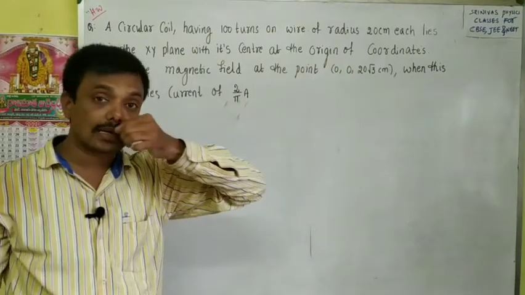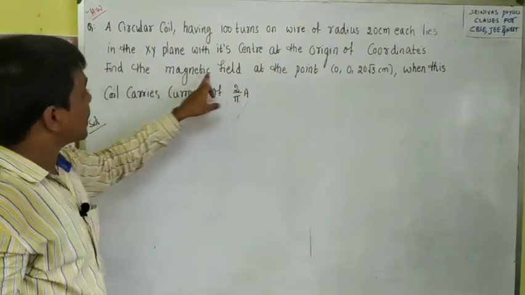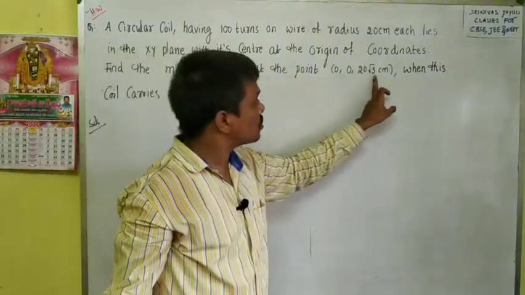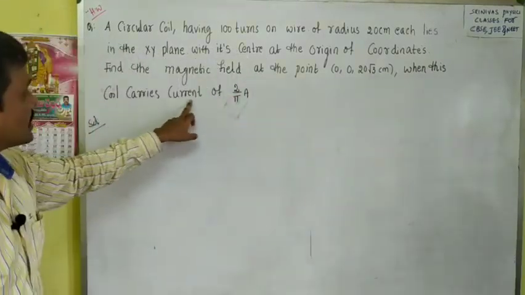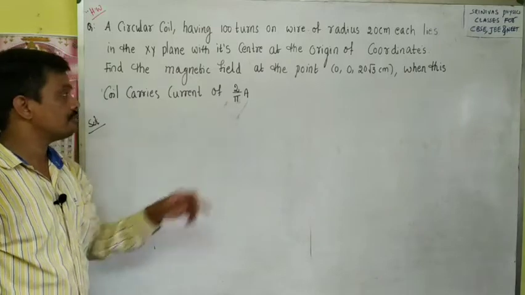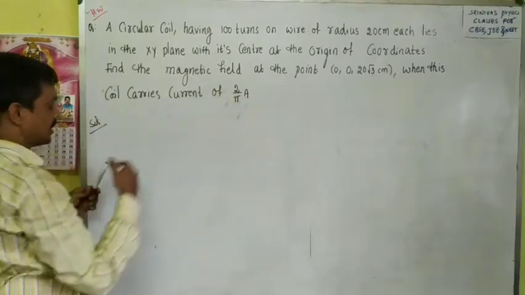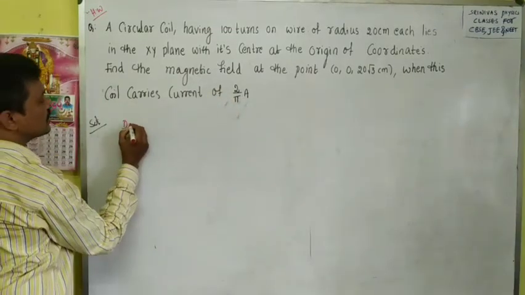Find the magnetic field at the point (0, 0, 20 root 3) centimeter when this coil carries a current of 2 by pi ampere. Okay, and do it.